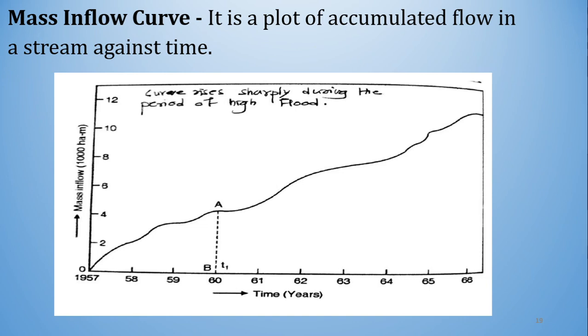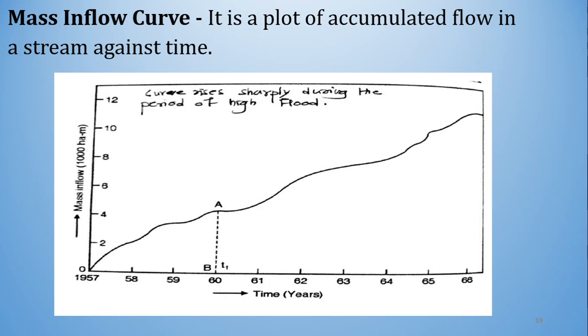Now, this is one of the interesting parts which we actually use for the determination of reservoir capacity. This is a mass inflow curve. It is a plot of accumulated flow in a stream against time.